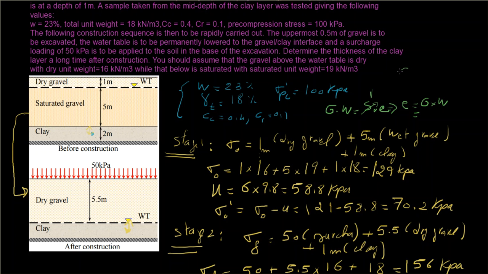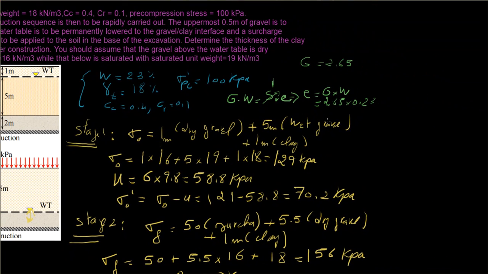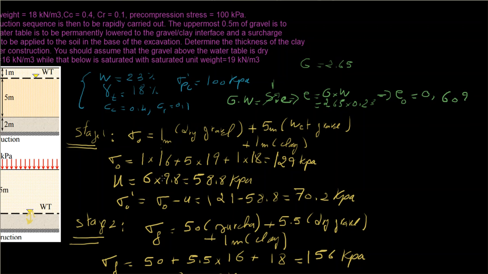Specific gravity is always assumed to be 2.65, times moisture content 0.23. Therefore, initial void ratio equals 0.609.